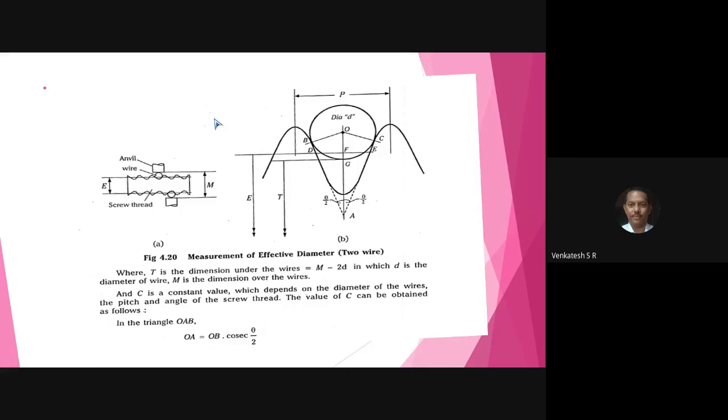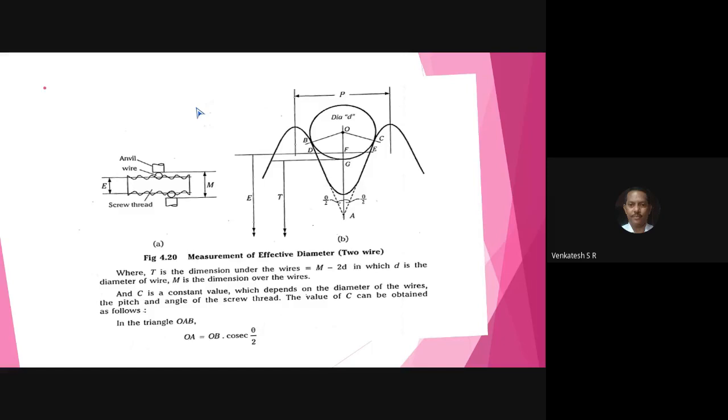In the micrometer you have two anvils, one stationary and the other movable. So first select the 2-wire or 3-wire method for measurement of the profile or terminology of the thread. The profile means effective diameter, major diameter, minor diameter, addendum, dedendum, flank, thread angle, and other elements of the thread, which you can measure by using the 2-wire method or 3-wire method.